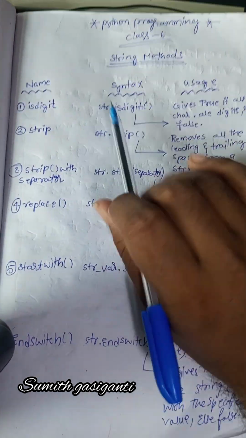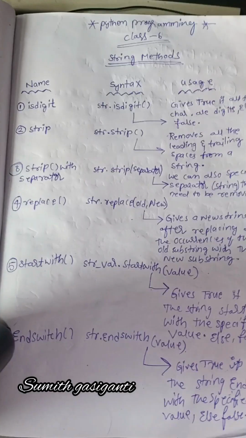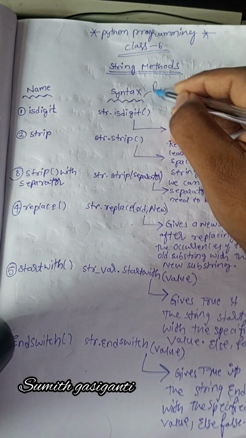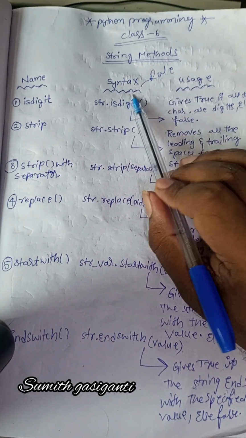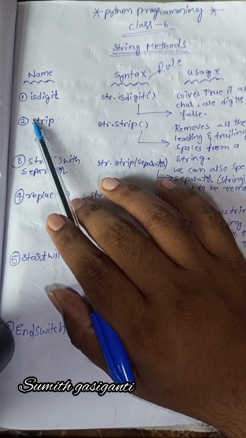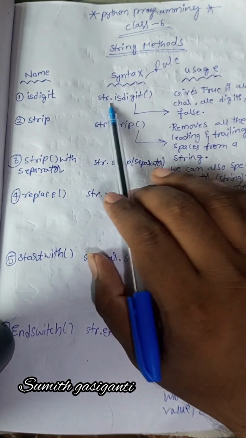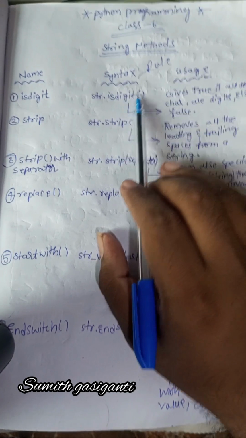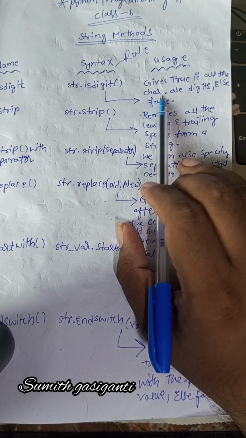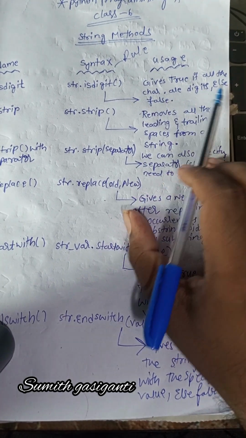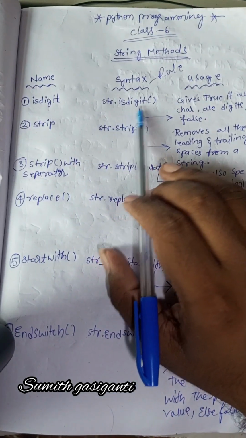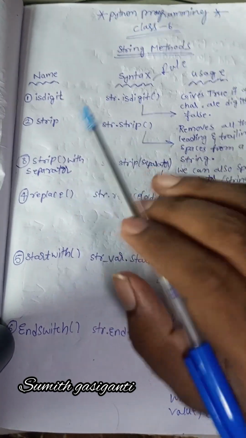For explanation purposes, I have already written some of the names, the syntax, meaning the rule, and also the usage of each syntax. I have written it this way: string methods. First, isdigit. The syntax is str.isdigit(). The usage: it gives true if all the characters are digits, otherwise false.